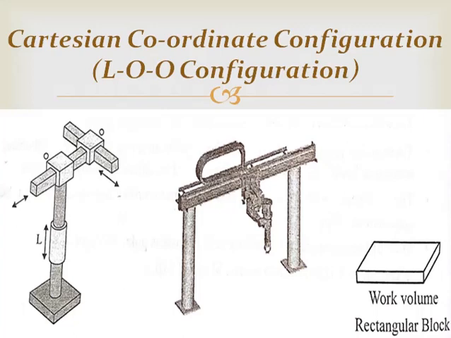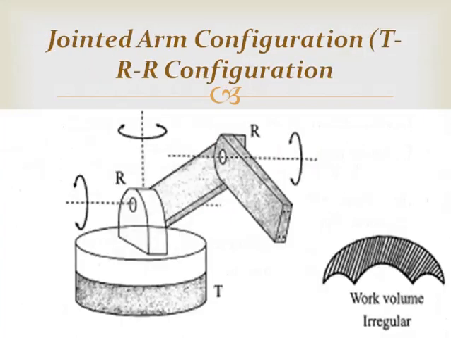Here we have a combination of two orthogonal prismatic joints and one linear prismatic joint. Usually this type of Cartesian coordinate configuration system is used for the performance of the work volume of a rectangular block.